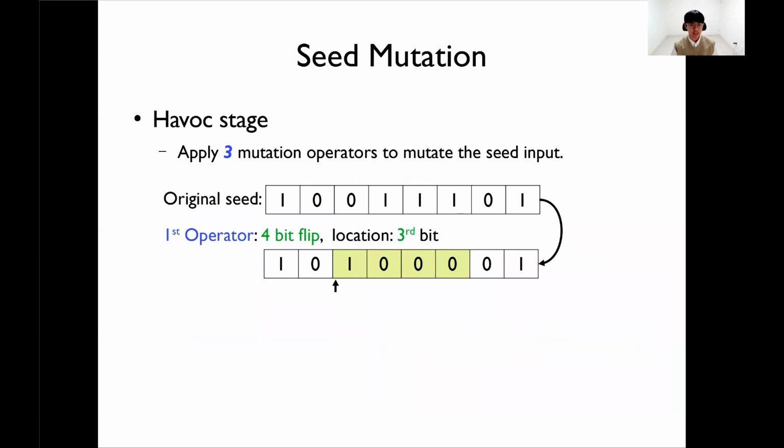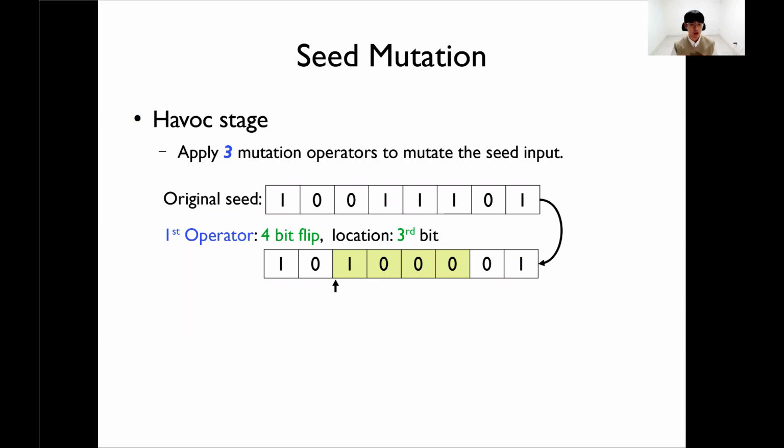So let's see a simple example for the Havoc stage. Suppose that the number of operators to mutate the original seed is randomly selected as 3. And the first operator and its location to apply are also determined randomly, say a 4-bit flip at the 3rd bit position respectively.